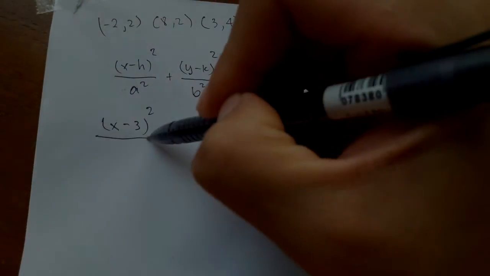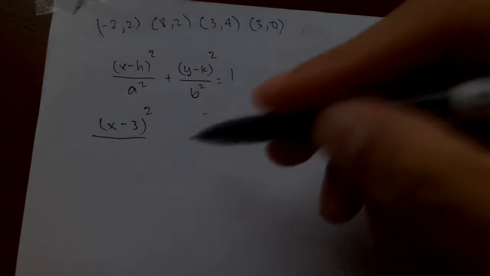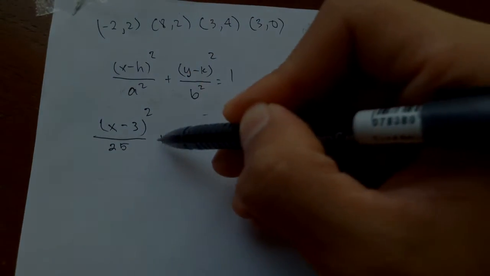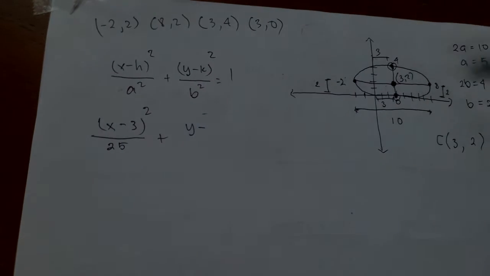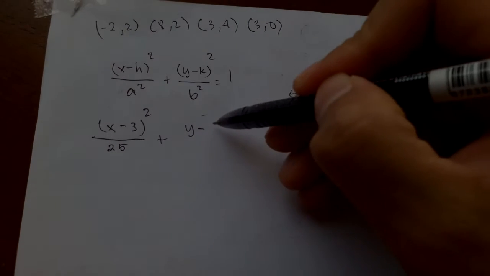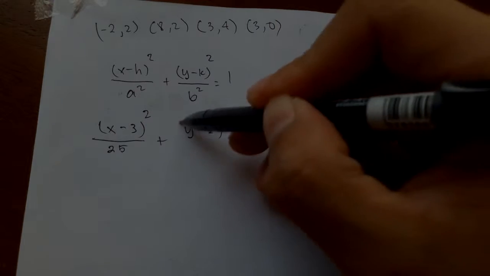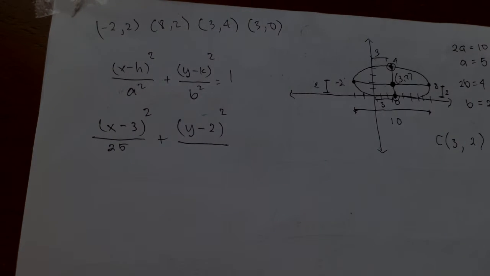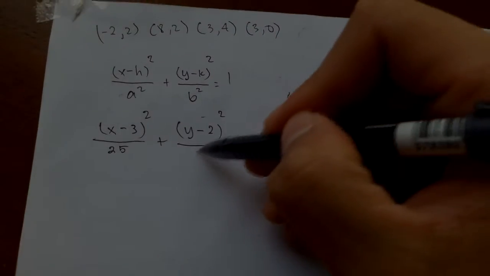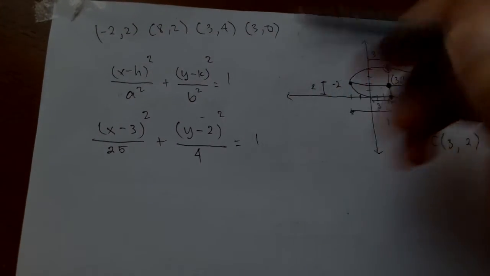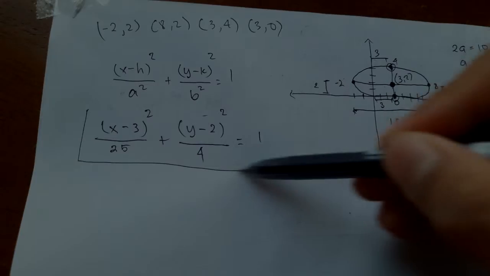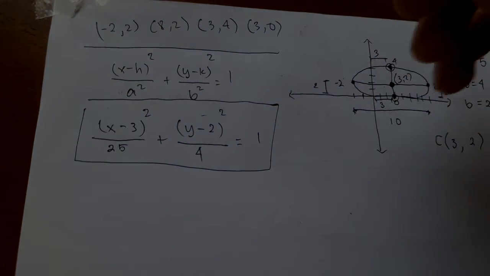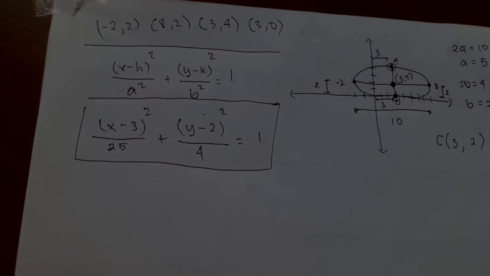The a is 5, then 5 squared is 25, plus y minus k, the k is the 2, so 2 squared over b squared, the b is 2, so 2 squared is 4, equals 1. So here we got our equation with the given points negative 2, 2, 8, 2, 3, 4, and 3, 0.